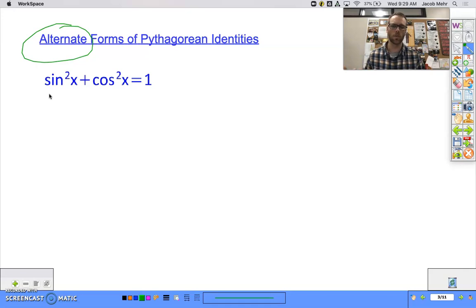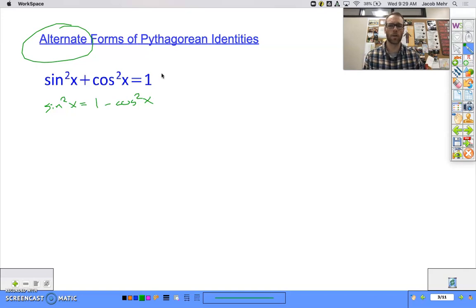And I mentioned my calc students already having to use the Pythagorean identities. Oftentimes they don't use them exactly the way that we saw them on that last page, but we use alternate forms of the Pythagorean identities. So see if you agree with me on this one. If the sine squared plus the cosine squared equals 1, doesn't the sine squared equal 1 minus the cosine squared?